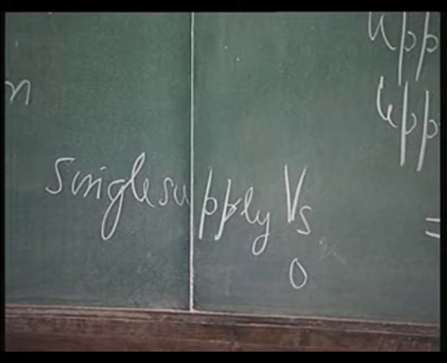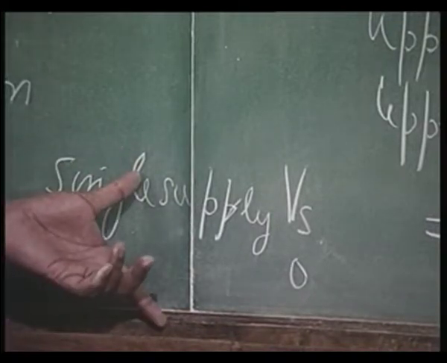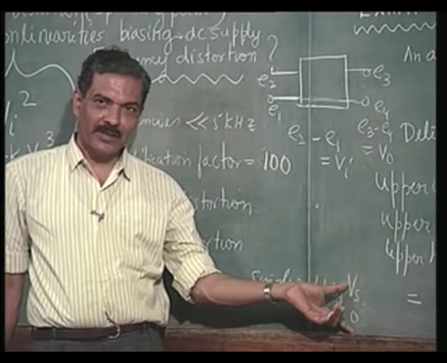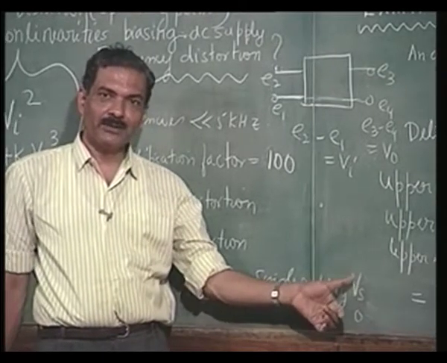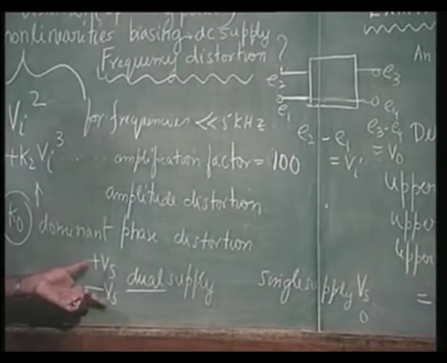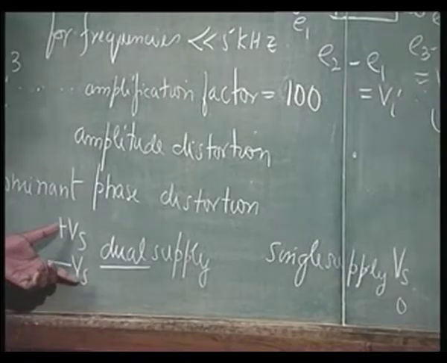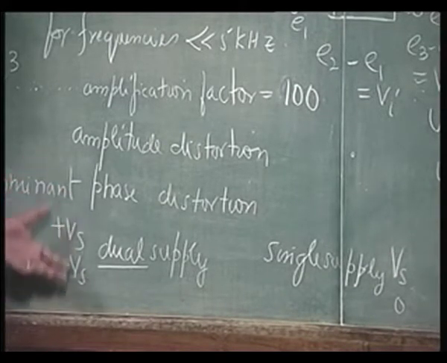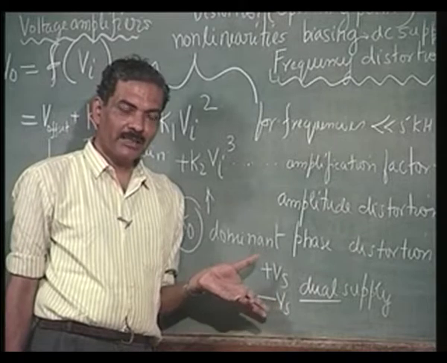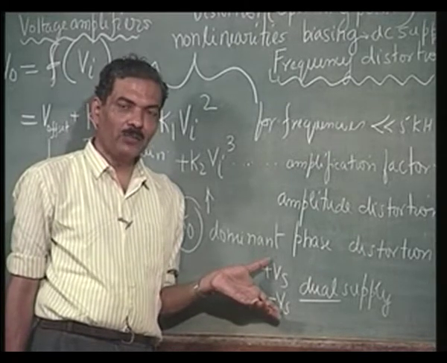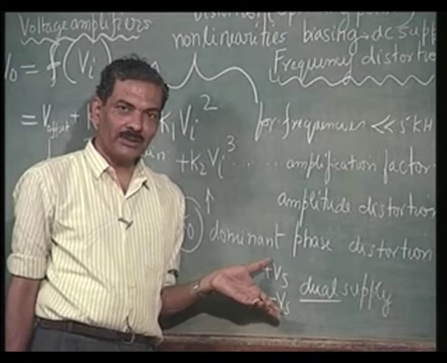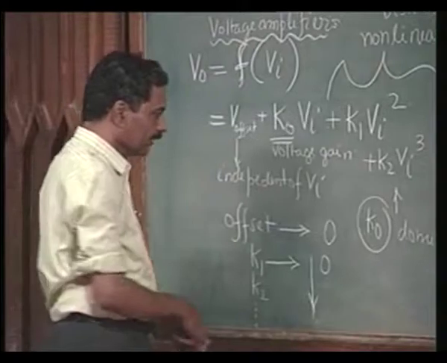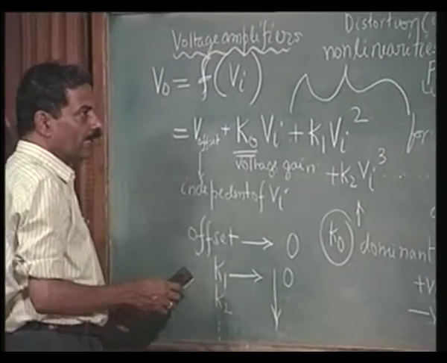Then obviously, in order to have maximum range for the output signal, it can be minimum equal to 0, maximum equal to Vs. Here also, the output signal could be maximum equal to plus Vs, minimum equal to minus Vs. This is what is called the range for the output signal. Beyond this point, the output is said to go to saturation. This is another limitation. So, apart from these limitations, we also have what is called saturation.